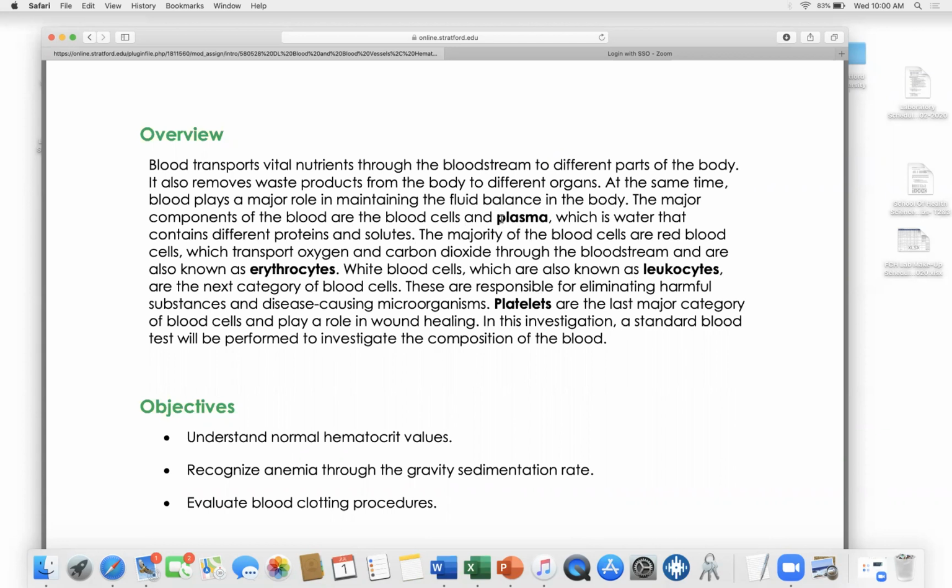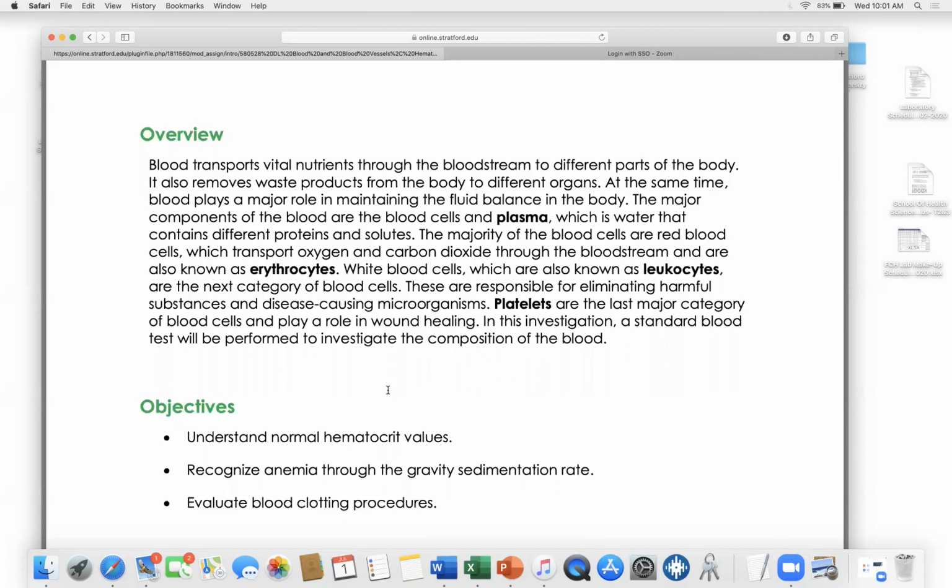Now, the ratio between plasma and these cells is called your hematocrit. The function of the hematocrit test, abbreviated HCT, is to tell the clinician the fluid status of your patient. If your patient's dehydrated, they'll have a low percentage hematocrit, and if they're hydrated or overhydrated, they'll have a high percentage, which isn't good.